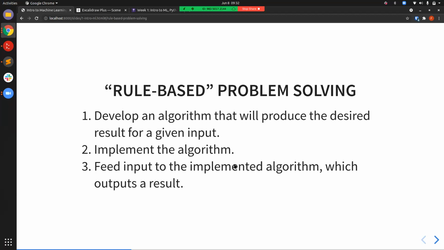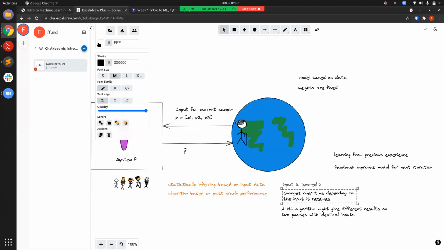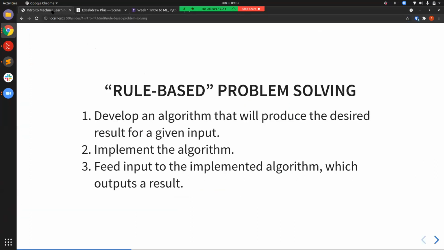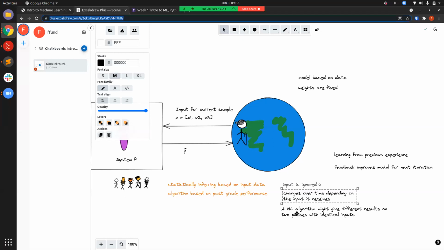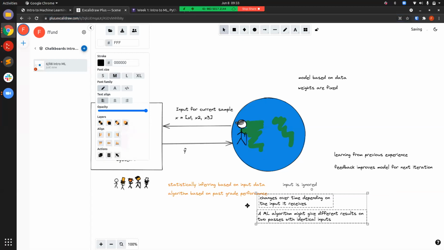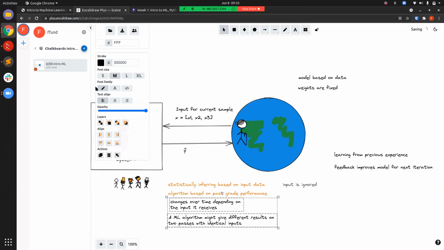And it's also possible for a rule-based algorithm to give different results with identical inputs. So I could even build some randomness into my rule-based algorithm, where I'll probabilistically return one value or a different value depending on the input. So these are possible for machine learning systems, but again, they're not necessarily unique to machine learning systems.